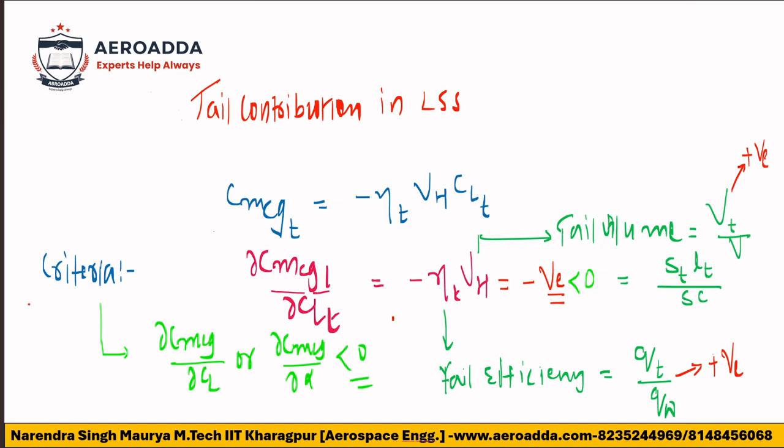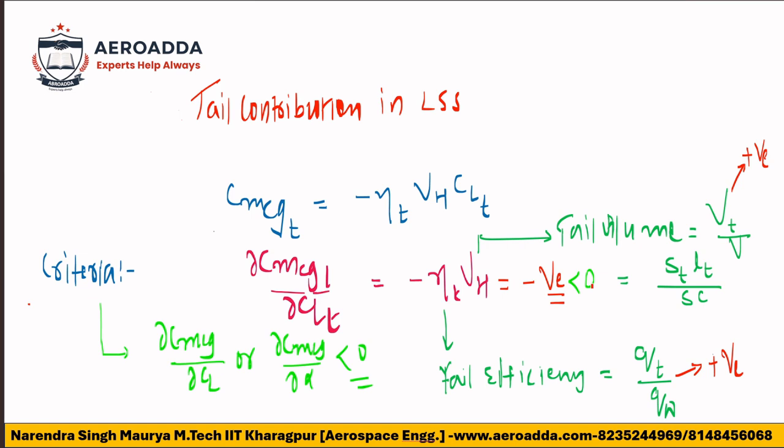Positive contribution means it will always stabilize the aircraft, so the stability contribution will be positive. Negative contribution means it will destabilize the aircraft. Don't relate with this positive negative, that dou CM CG by dou CLT is a different thing. It's a slope. Slope is negative, because negative slope is what is desirable.